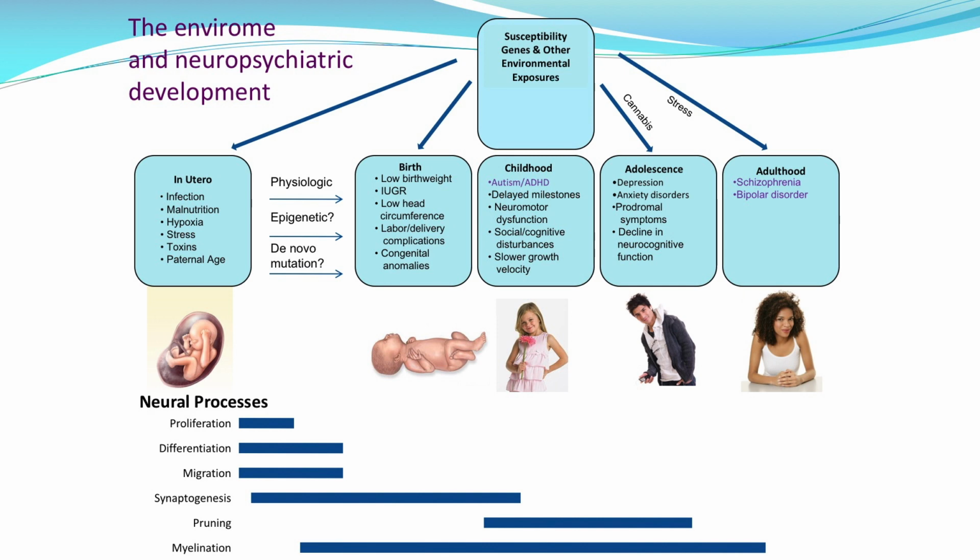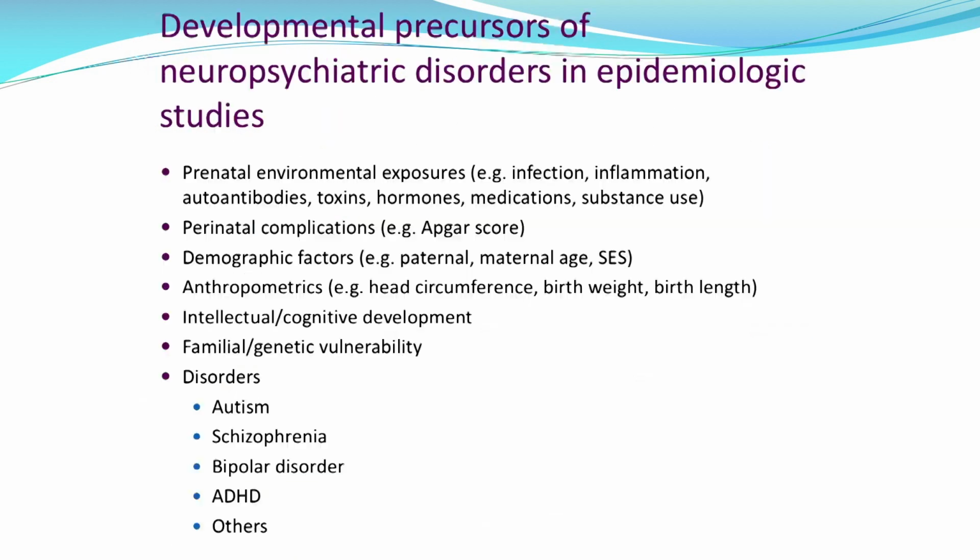And the model also presupposes that these in utero factors interact with susceptibility genes and other environmental exposures, for example, other triggers such as cannabis and stress for certain of these outcomes, not for all. Underlying each of these are a variety of neural processes that many of you here are more expert on than I am, who do a lot of preclinical work. So this is just a general overview on the slide.